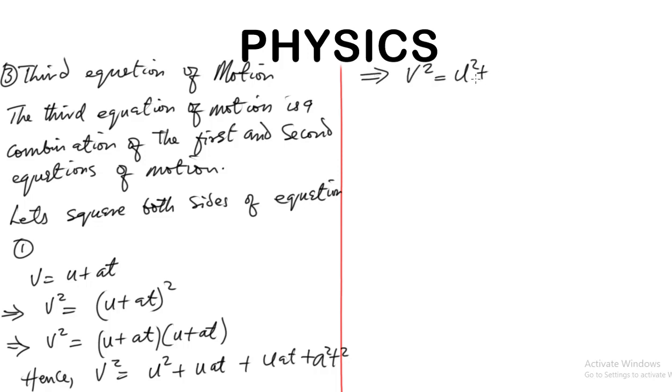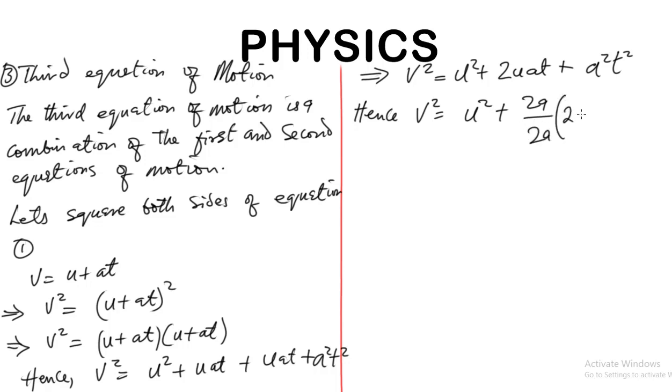We have that v squared is equal to u squared plus 2uat plus a squared t squared. This implies that v squared is equal to u squared plus 2a over 2a bracket 2uat plus a squared t squared.